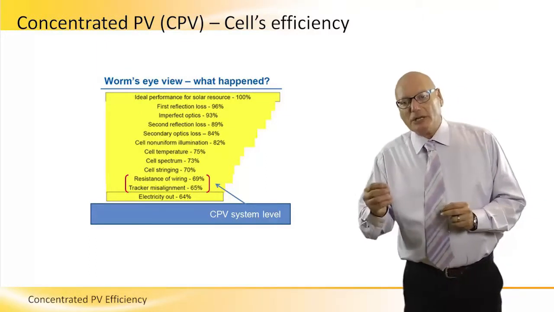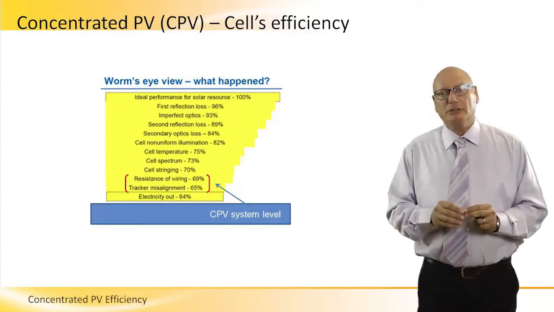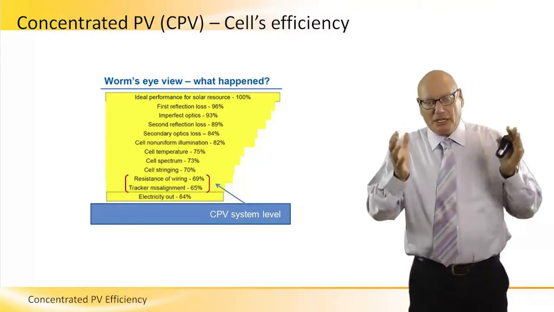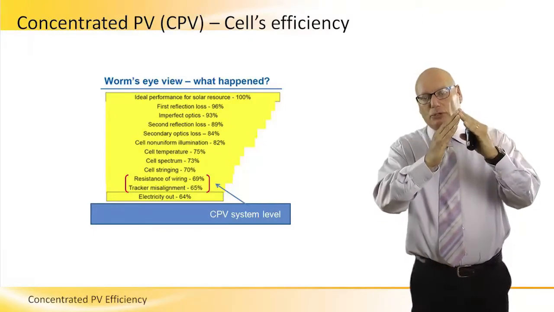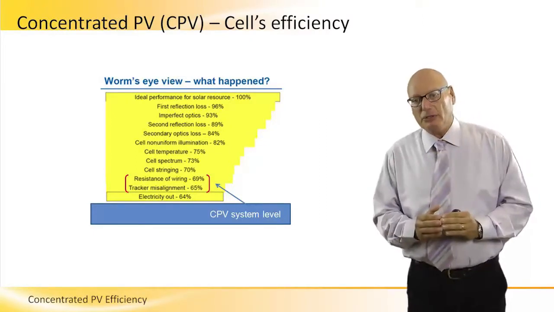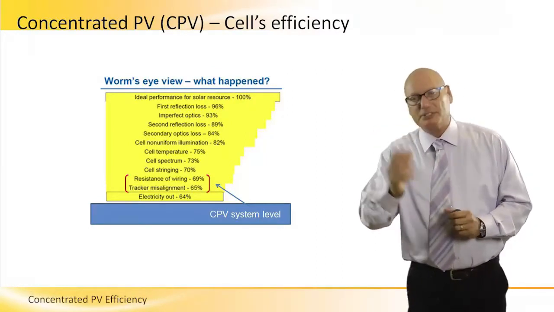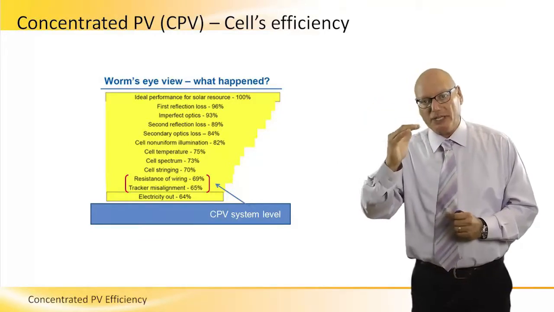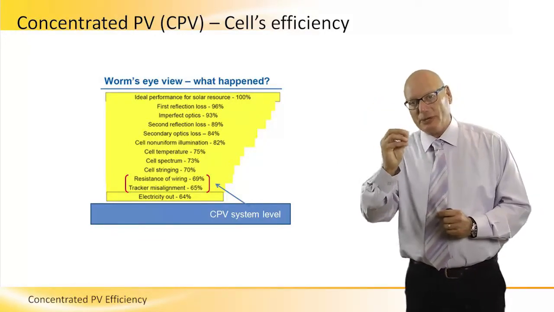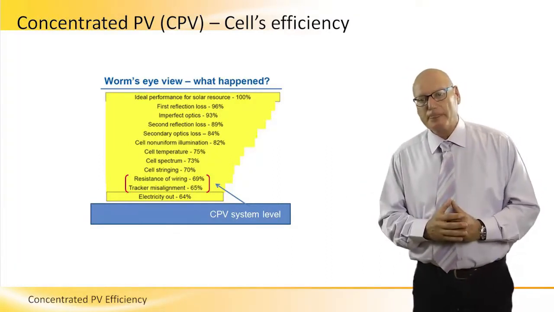The second one, the optics, meaning the ability to concentrate the light beams into the secondary mirror, another 3% will bring us down to 93%. Remember, we started with 100. Before we've done much, we are already losing 7%.